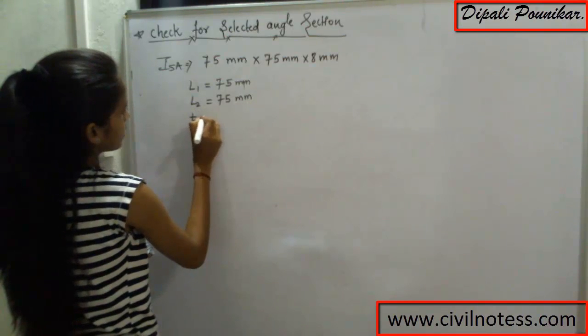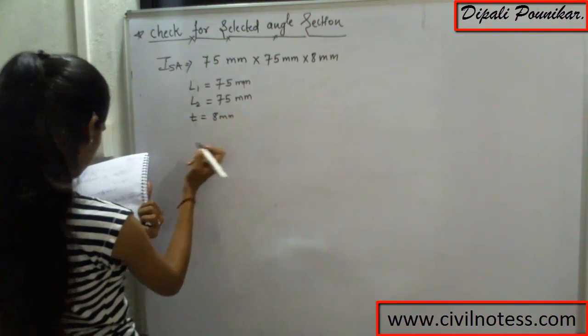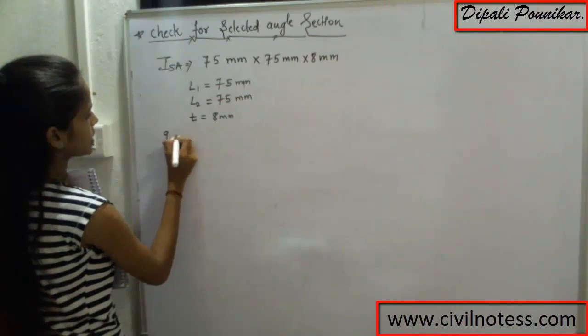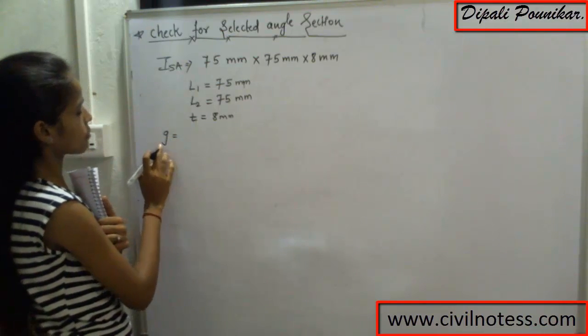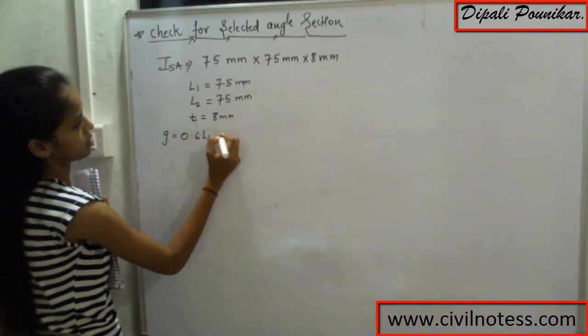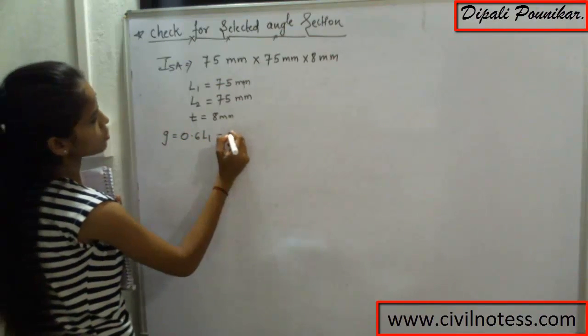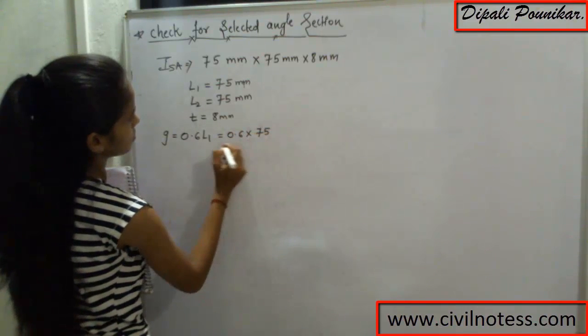T is the thickness, that is 8 mm. We have to calculate the gauge distance also. The formula for the gauge distance is 0.6 L1. We know the value of L1, so 0.6 into 75.